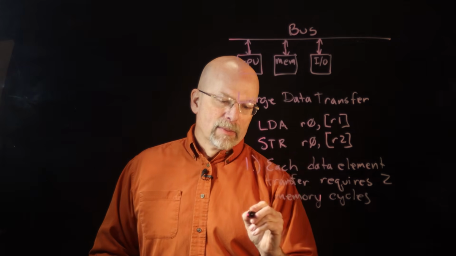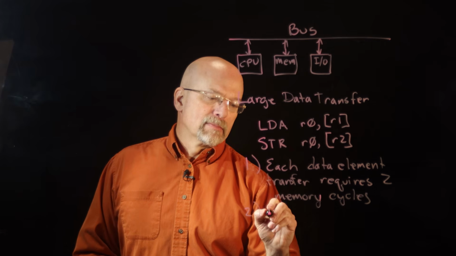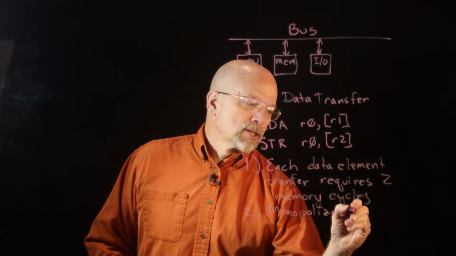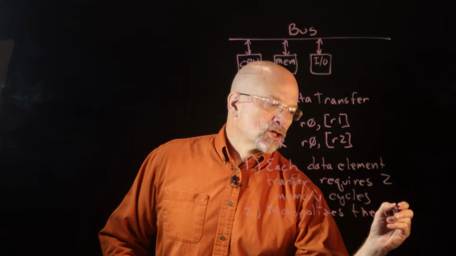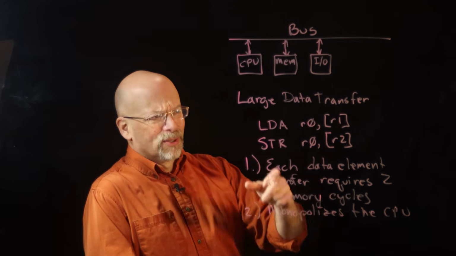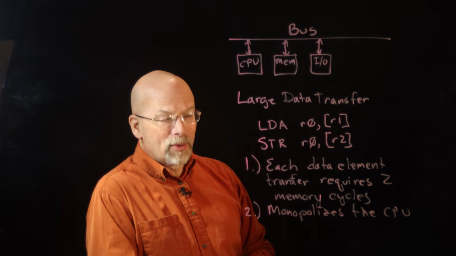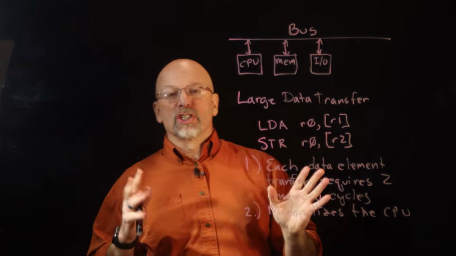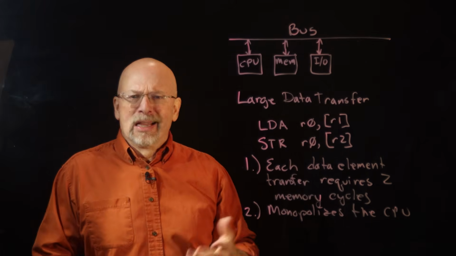Now the second problem, though, is that it monopolizes the CPU. So during this data transfer, the CPU is having to do rather trivial operations. I mean, these are not high-end floating point multiplications or anything processing.